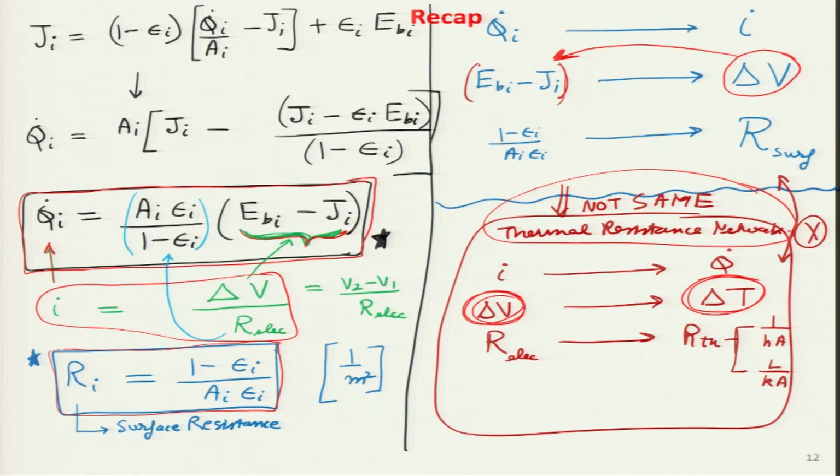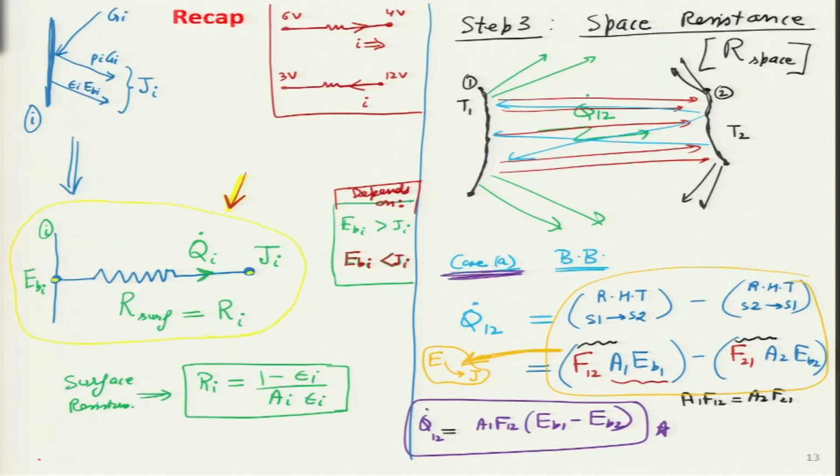So, it is like the difference in flux, E_bi minus J_i. So, please remember that is why I wrote over here, these two analogies are different. And formally, very neatly, the diagram we drew over here, with the help of this diagram we have defined the surface resistance for any surface i which is having emissivity epsilon_i.